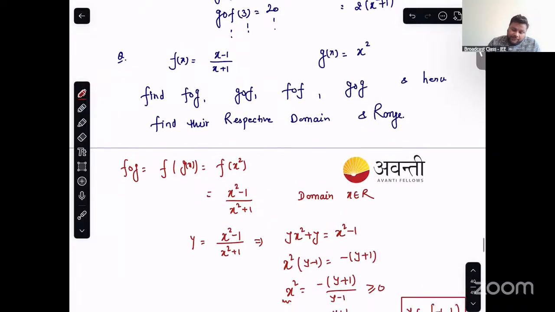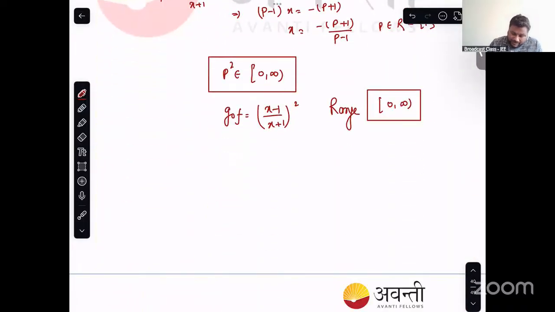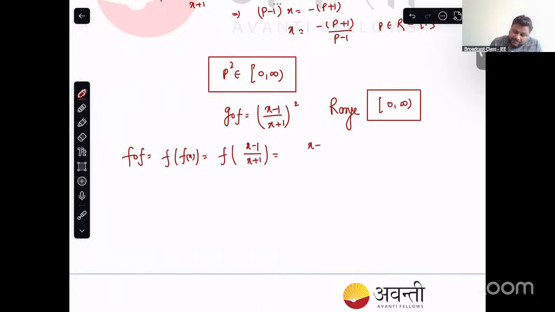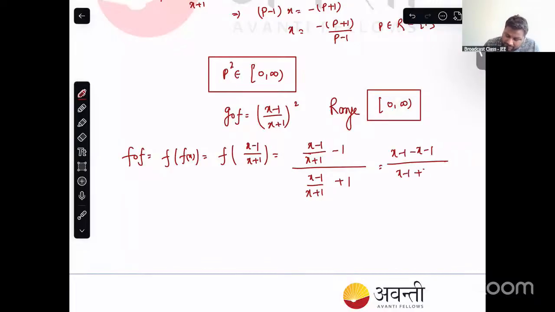Now we will do FOF. That is f of f of x. That is f of x minus 1 upon x plus 1. So in f of x, put x minus 1 upon x plus 1 instead of x. Minus 1 upon x minus 1 upon x plus 1 plus 1. Am I correct? So it is x minus 1 minus x minus 1, over x minus 1 plus x plus 1.